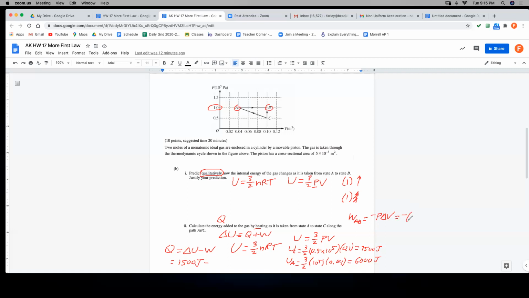Negative, now the pressure is 10 to the 5th. The delta V is going from 0.04 to 0.1, so that's 0.06.